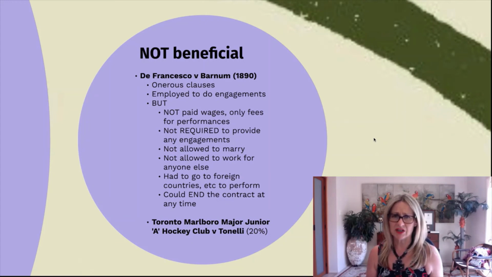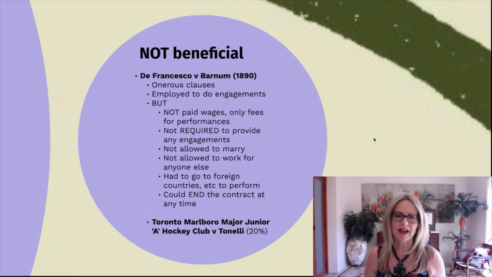He didn't have to give them any engagements, and he had the added competitive benefit that they couldn't go and work for anybody else if he didn't want to give them any engagements, and he only had to pay them just for the engagements that he actually allocated to them. So obviously in those kinds of circumstances, the kids should have been at liberty to go out and work for Barnum if they wanted to pick up a bit of extra cash in order to make a living. Really too restrictive so far as these minors were concerned.